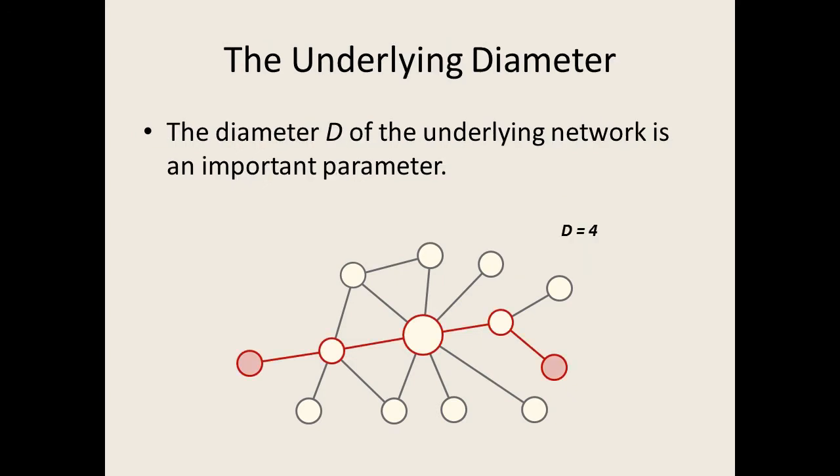Okay, now we are almost ready to discuss the results, but before that we have to introduce another important parameter, which we denote by D, and this is simply the diameter of the network itself, ignoring the weights and the directions of the edges, again if such are given.